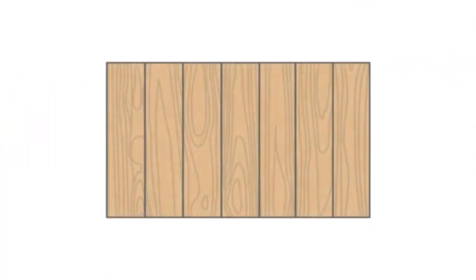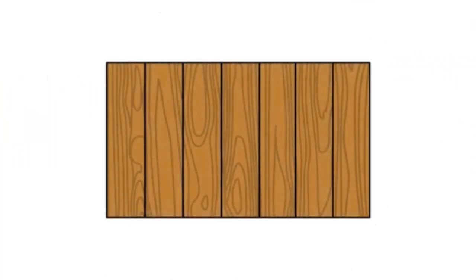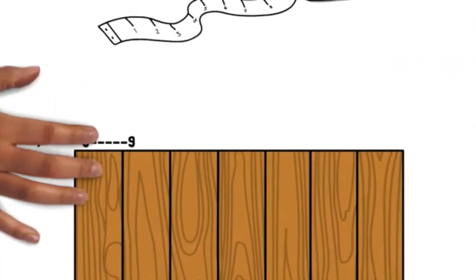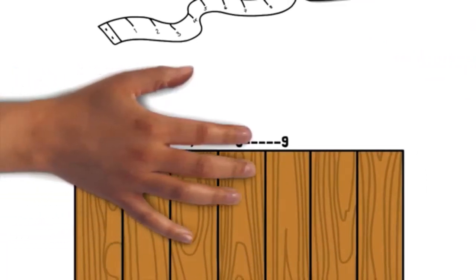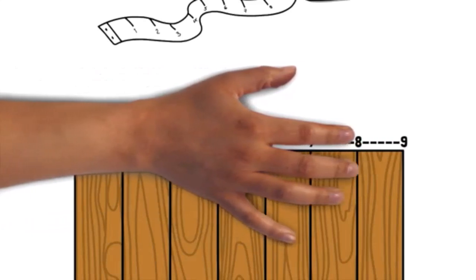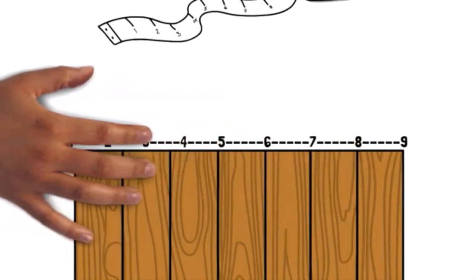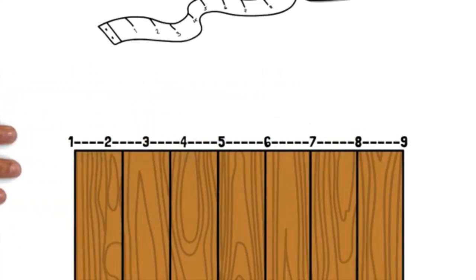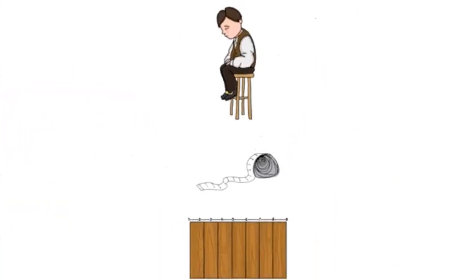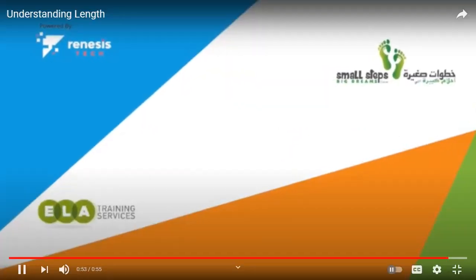He went to the table and stretched the measuring tape from one end to the other. And after sliding, he found out that the measuring tape said that his table was 9 inches wide. So that was the length that he found out. That's how you find out length.